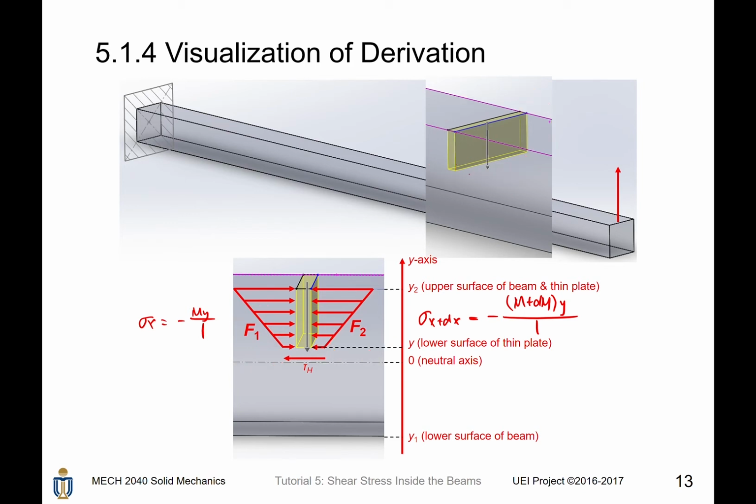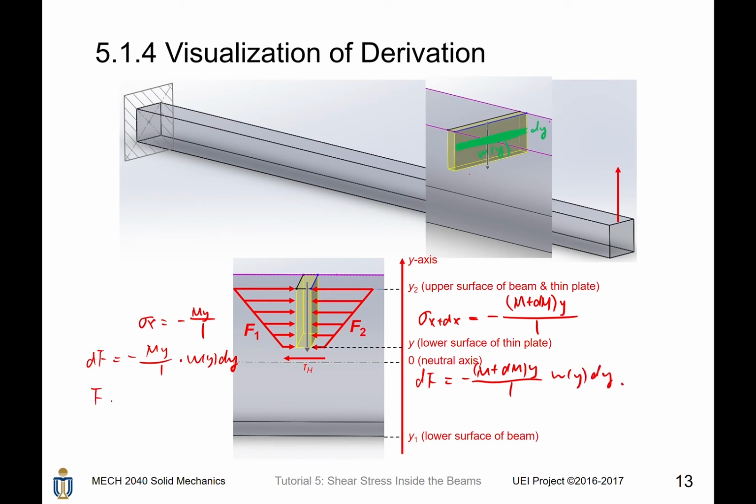So here we pick up a very tiny slice of differential area element, dA. It has the height of dy, the width of wy. For the left hand side, dF equals minus My/I dA, which is wy dy. On the right hand side, dF equals minus M plus dM times y divided by I wy dy.